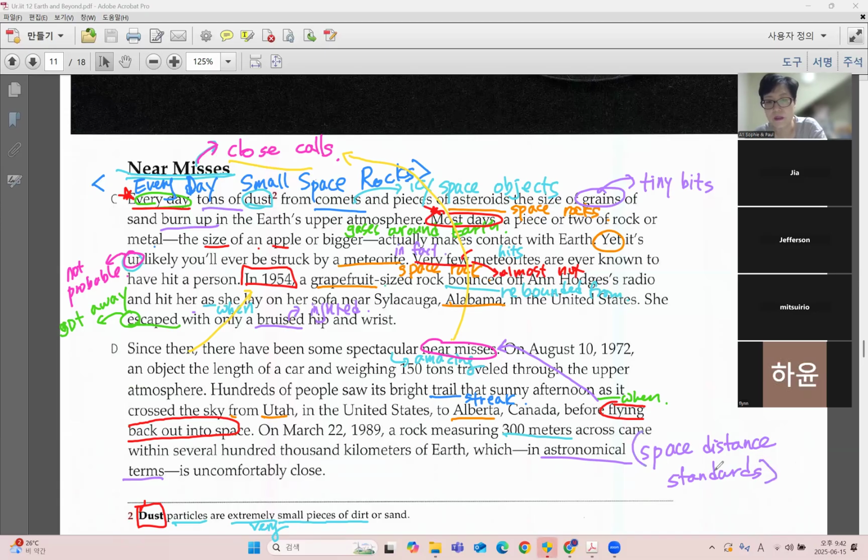Astronomical terms. Uncomfortably close. What is close? Near miss. What is uncomfortable? Means not comfortable. What is close here? We say near. So this is another one related to near misses.